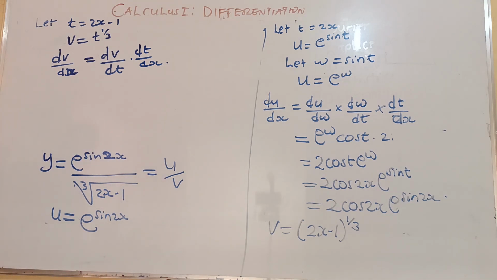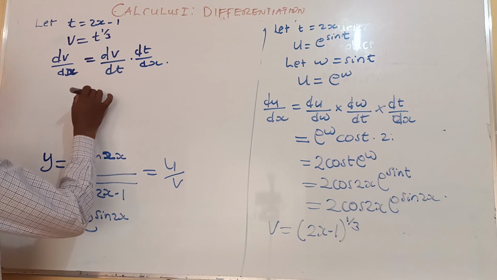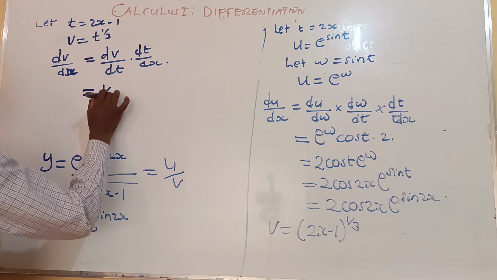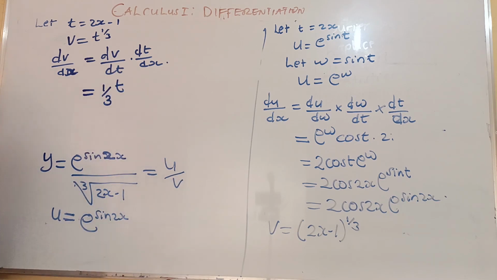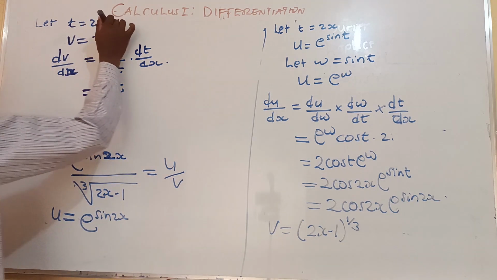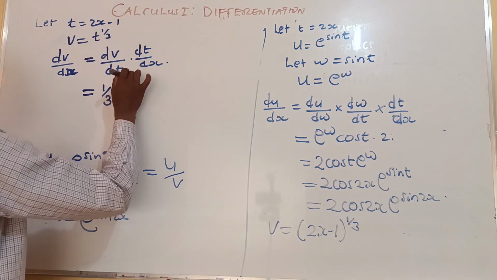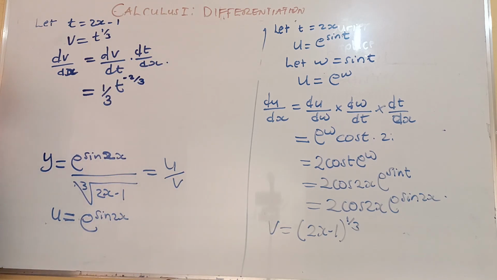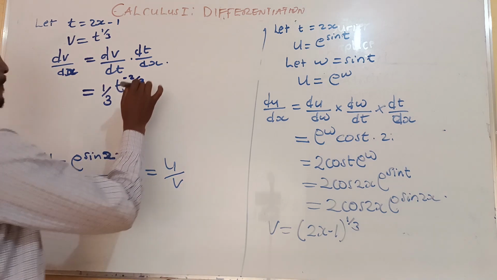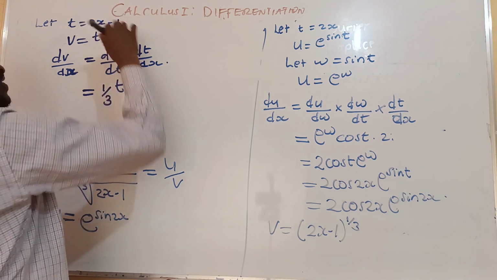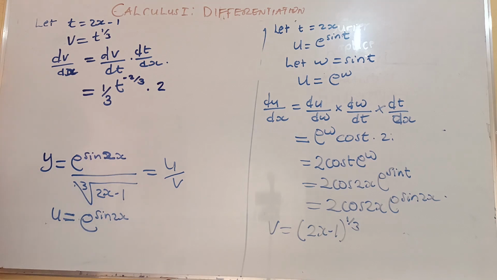If you differentiate v with respect to t, it will be a third t to the power, subtracting 1, negative 2 over 3, times, if you differentiate t with respect to x, you get a 2.